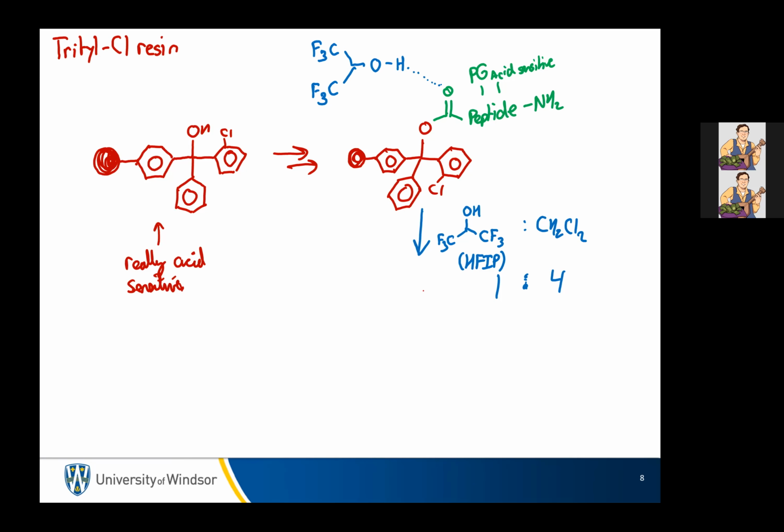It doesn't need to be any closer because the trityl group just wants to fall apart. And so we generate a trityl cation, sorry.